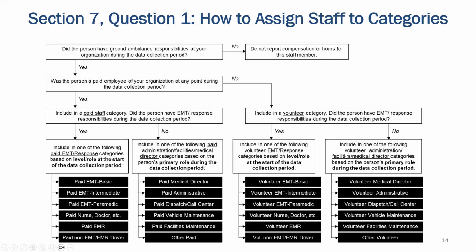So you split out along that dimension, and then you pick the most appropriate category for each staff member under those darker shaded boxes at the bottom. The instructions also help deal with many common scenarios here. For instance, if a staff member has both an EMT and an administrative role, you always categorize the person as an EMT. We'll cover a few more examples in a slide or two.